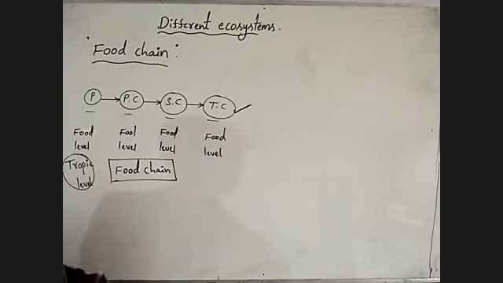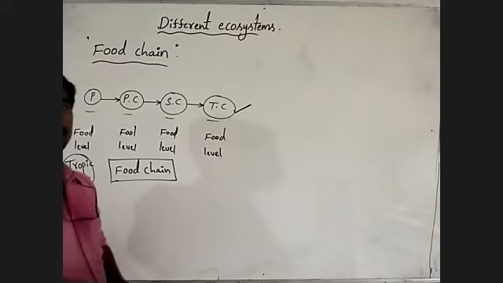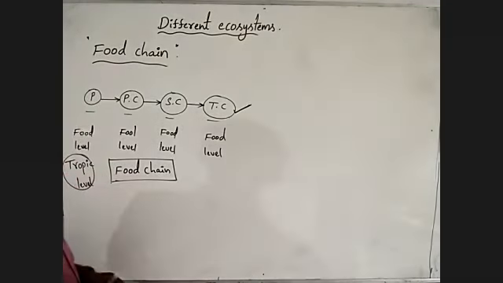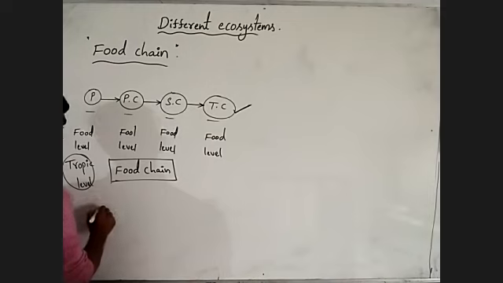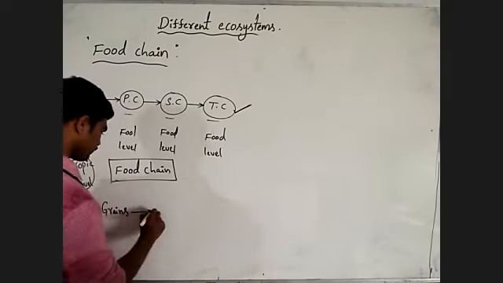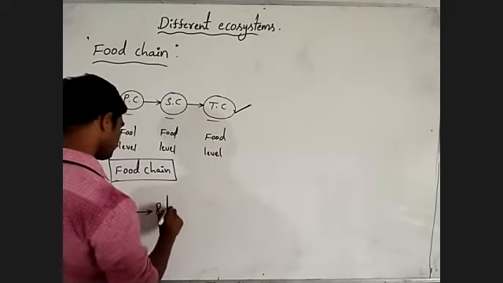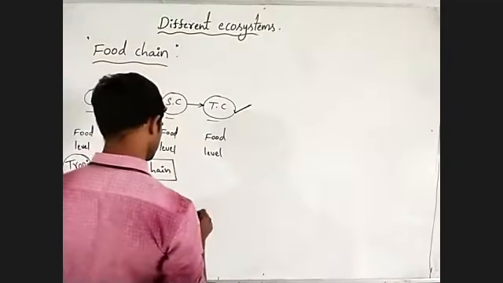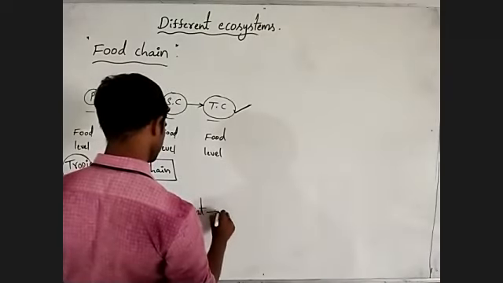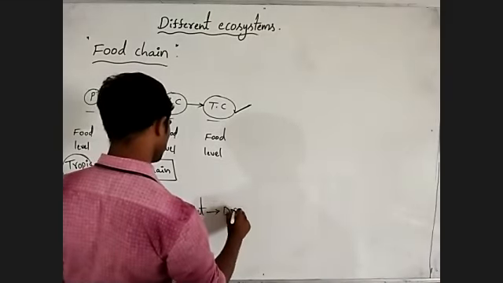Write some food chains present in our area or around your house. For example, in your houses you can observe grains, rat, cat, dog.